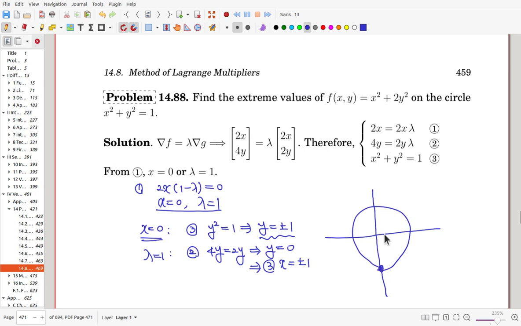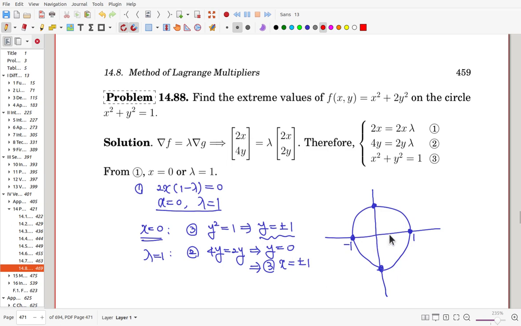So this point and that point. Y equals 0, then this is the x-axis, and x is plus minus 1. Of course, this is 1 and minus 1. We have 4 points. From the method, we found these points, and we have to evaluate the function value. Among them, the largest one will be the maximum, and the smallest one will be the minimum.